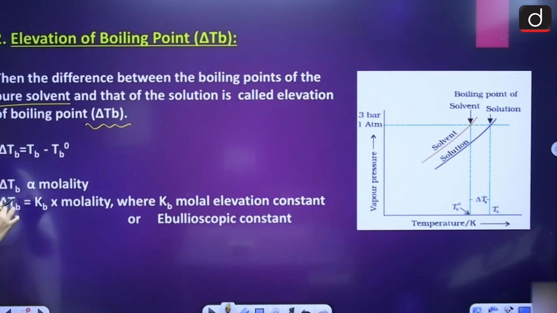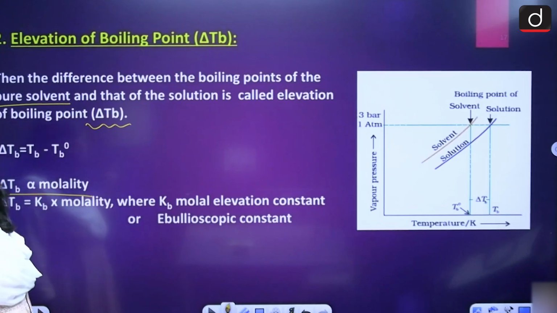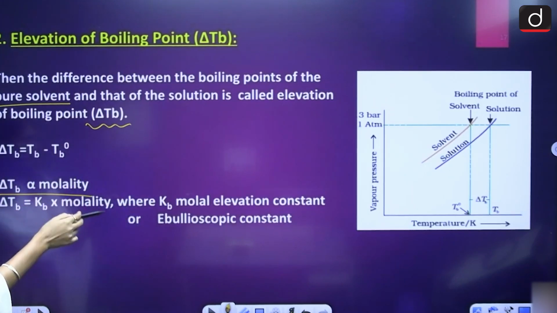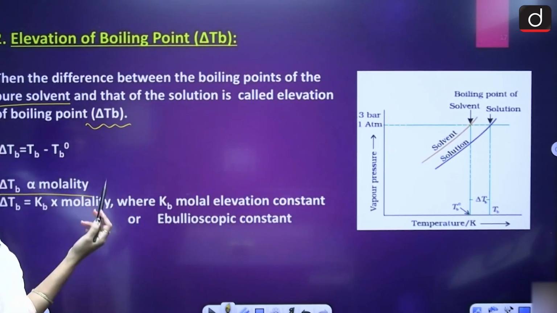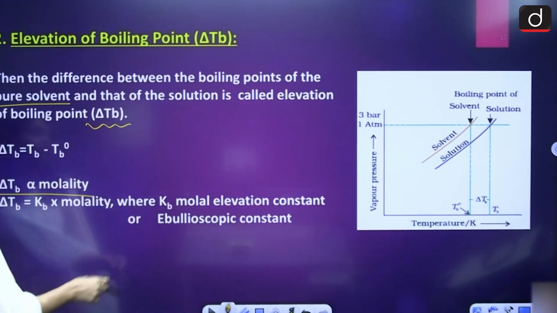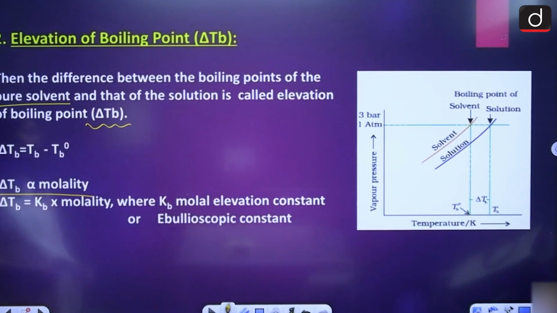It is directly proportional to molality, not molarity. For relative lowering in vapor pressure it is molarity, but here it is molality because molality is temperature independent. So delta Tb is equal to Kb into molality, where Kb is the molal elevation or ebullioscopic constant.